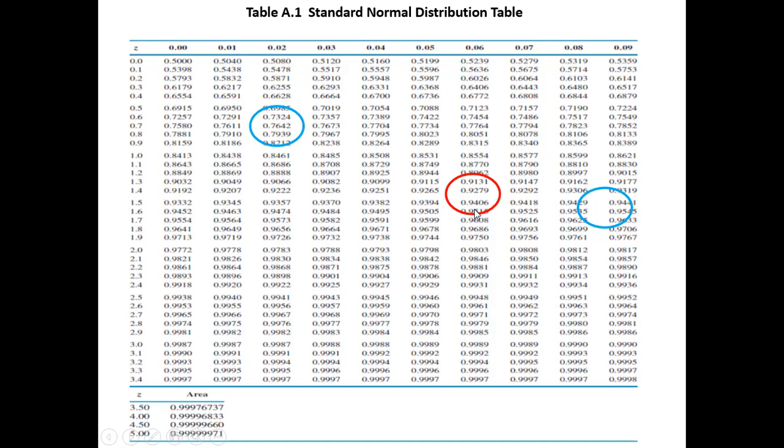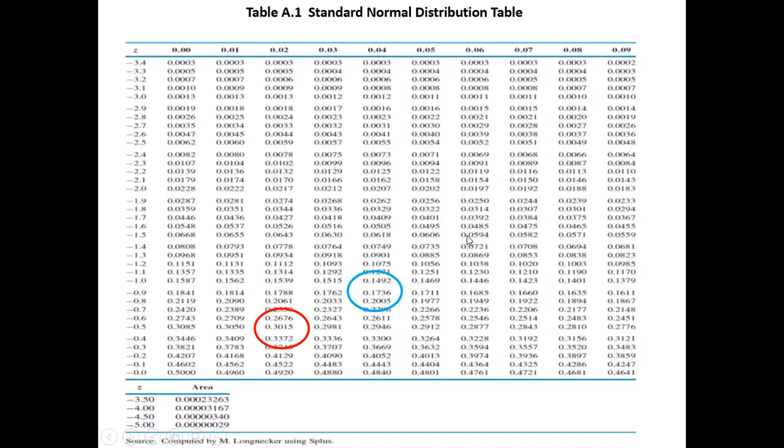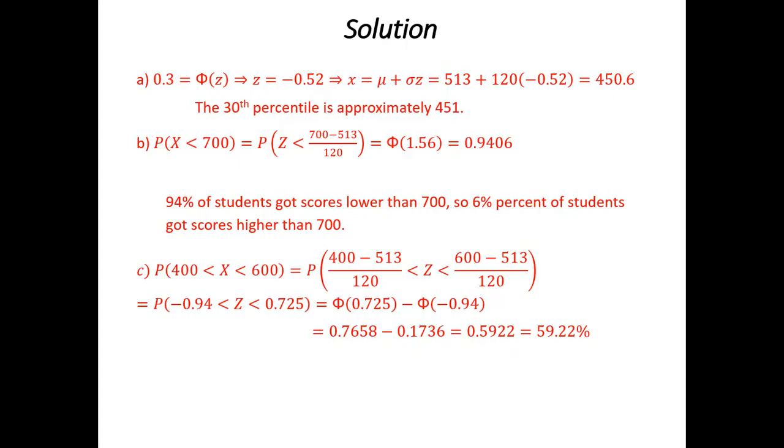The circle moved a little bit, but you could still see it's close to where we need it to be. We get 0.9406 as an answer. Okay, so 0.9406. So this tells us that 94% of the students got scores lower than 700. So 6% get scores higher than 700.